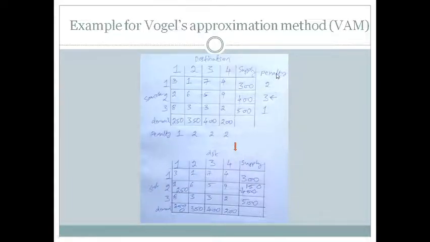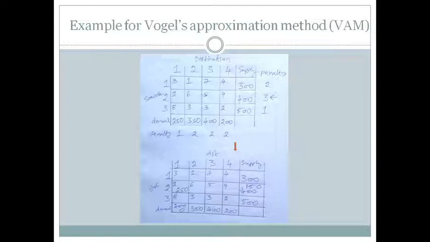Now we need to compare both the row penalties and column penalties and find the maximum penalty value. If a row penalty and a column penalty have the same value, then it is your choice, you can choose either.